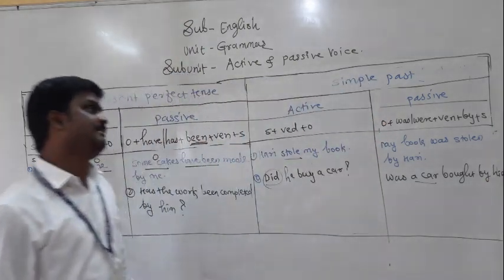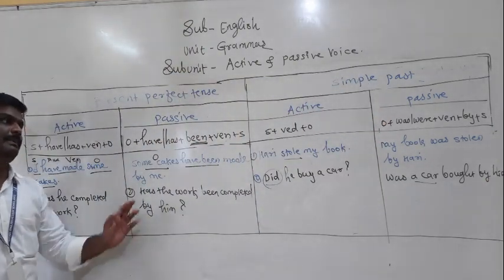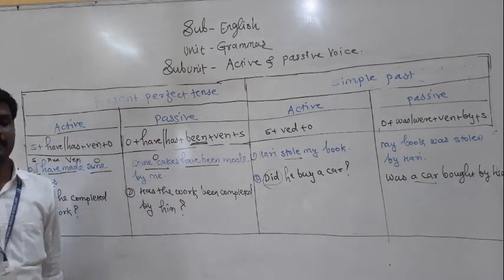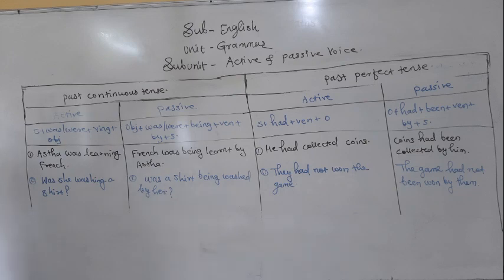This is your simple past tense conversion of simple past active to passive, and present perfect active to passive tense and past perfect tense. See how to convert it. The structure is: subject plus was, were plus being form plus object. Asta was learning French. Here, who was learning French?